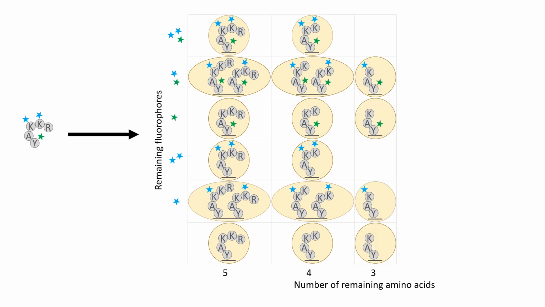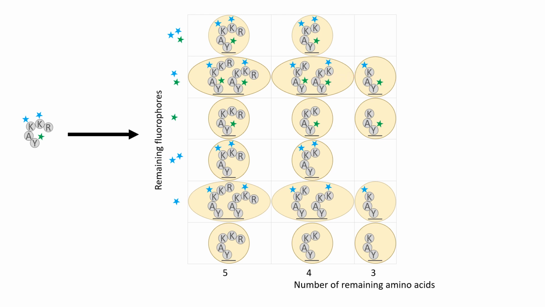If we do one more step, then we have to start thinking about where our fluorophores are. But since we expect that these fluorophores should behave equally, then by symmetry, we should expect that we have an equal probability of being in this state or this state. And so if we have a successful Edman degradation event, we would then expect that there's a 50% chance that you lose a fluorophore and a 50% chance that you don't.